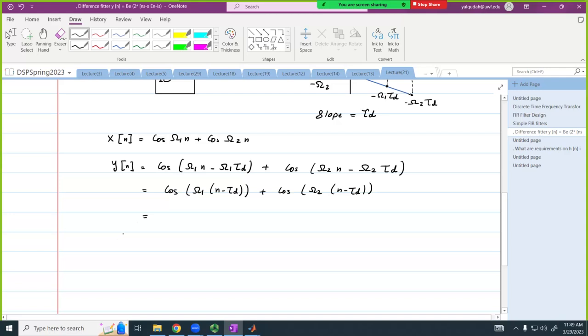Now, how can I write this in terms of this signal? What is this signal in terms of x of n? N minus tau delay. Excellent. This is equal to x of n minus tau delay.